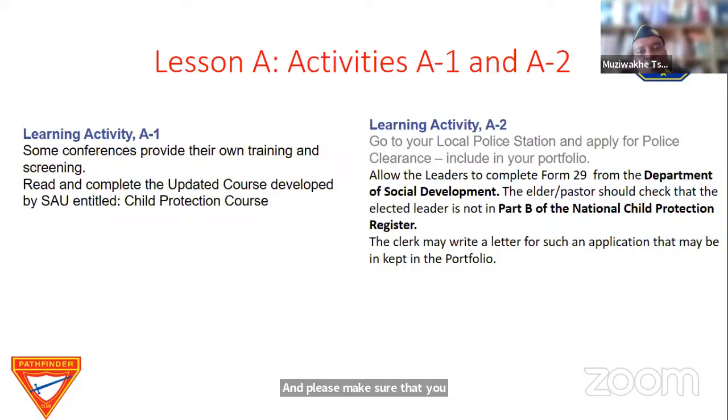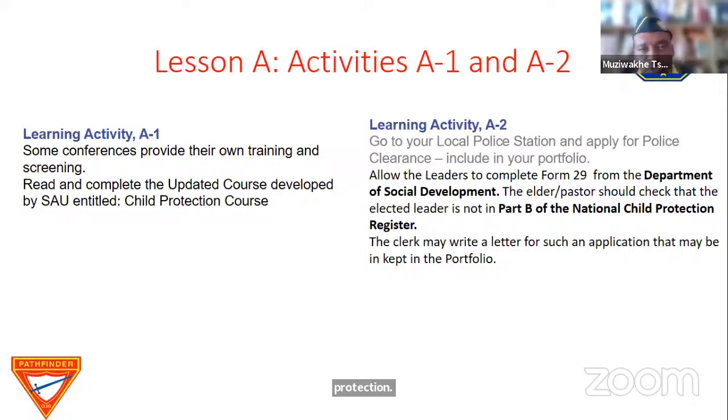Keep it in your file if possible, because this is going to be one of your resources for your local church and for your club, and to ensure that our children are protected. So as a requirement, leaders, please make sure that you have this Child Protection Course manual.